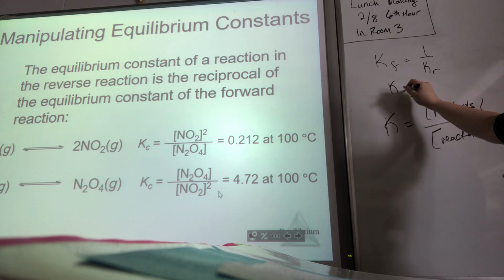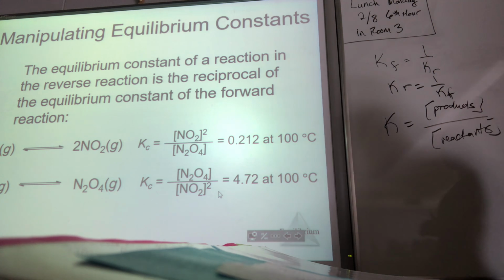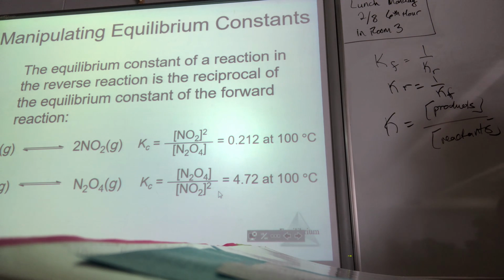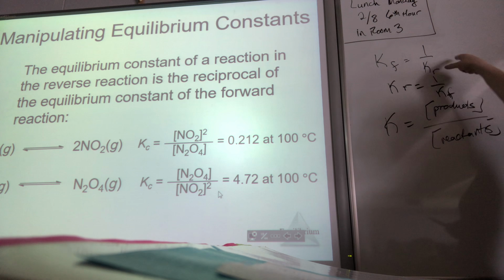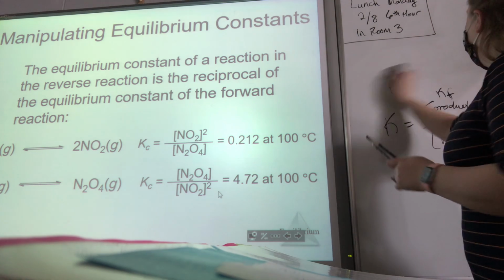So you want to know what Kr is, you would do the inverse. So K of the reverse reaction will equal 1 over K of the forward reaction, if you will. You probably don't need the first one. I'm going to rewrite.